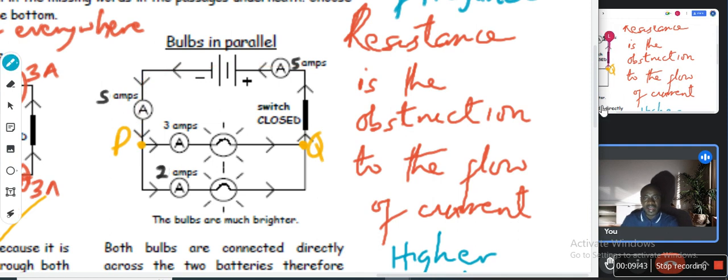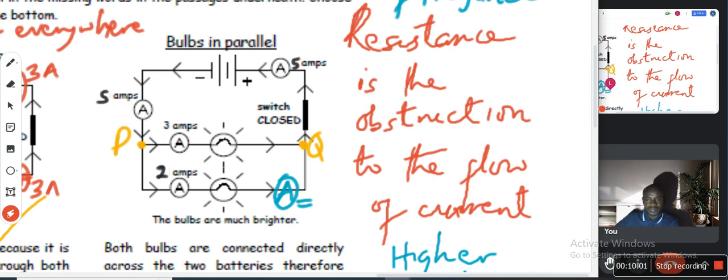If I had an ammeter here, what would be the reading of this ammeter here? Yes, what would be the reading of that ammeter there? Wait, so what would have happened is would it have done this?